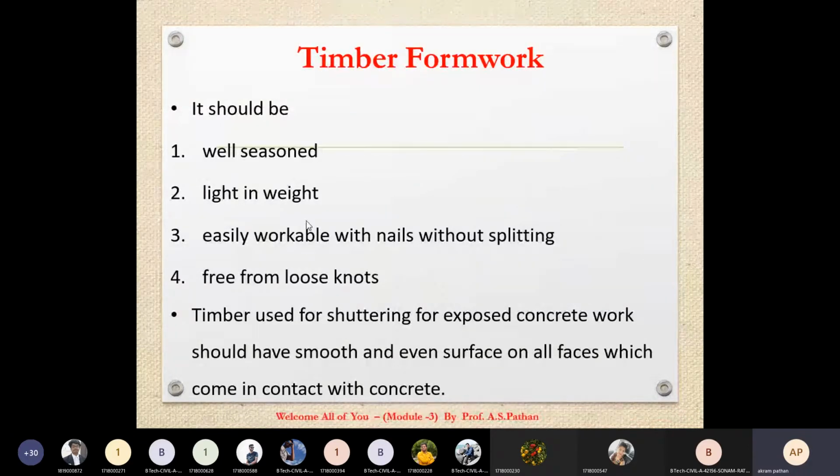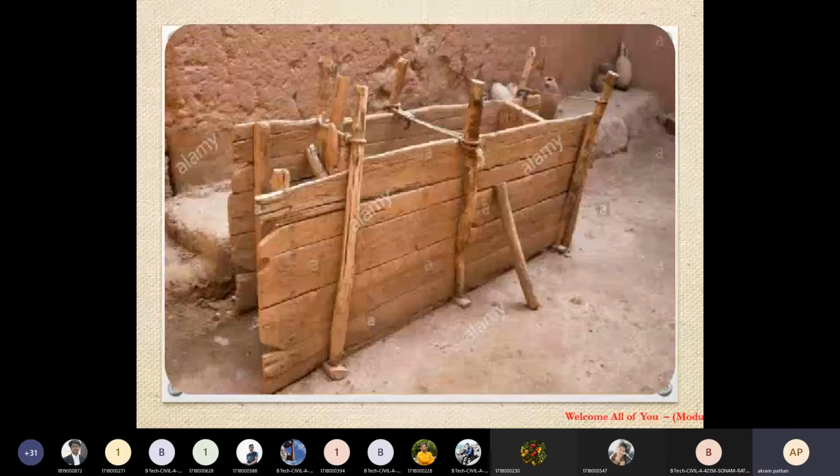Okay, so in between the whole length of the timber, there should not be any knot. Then timber used for shuttering for exposed concrete work should have a smooth and even surface on the faces which come in contact with the concrete.